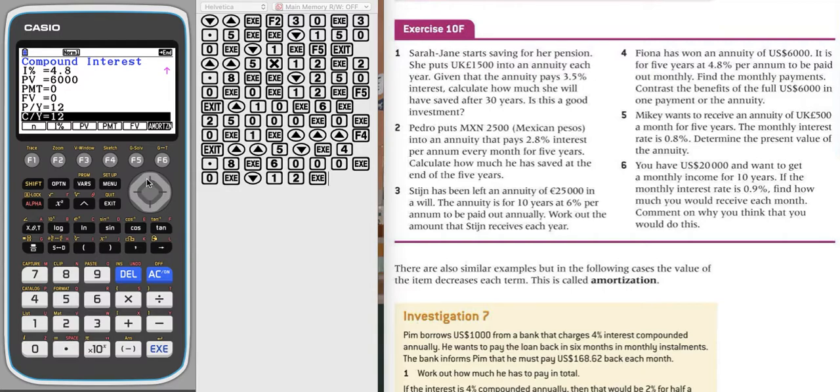And so we're going to look for what the payment is, and it says they get 1,214. That doesn't seem right. Let me go back there.